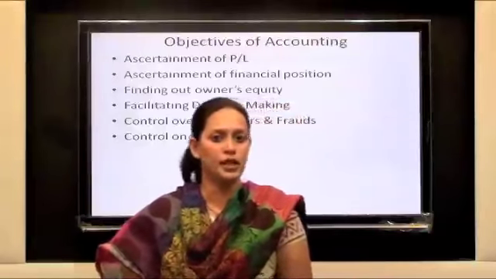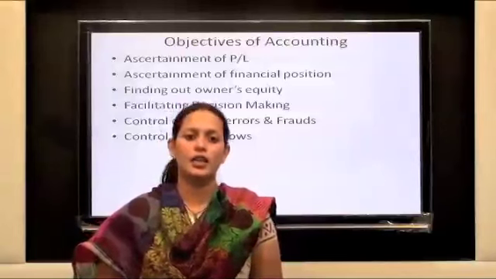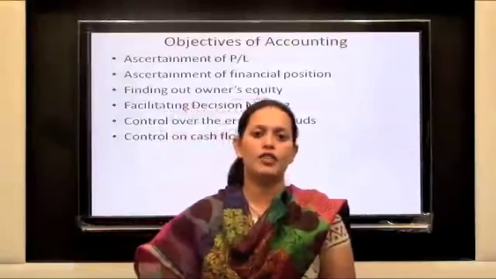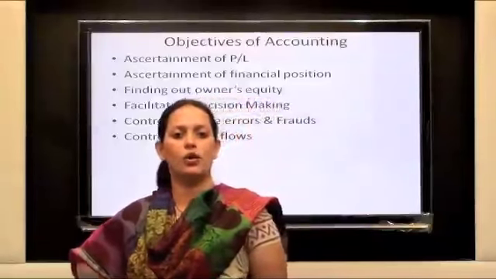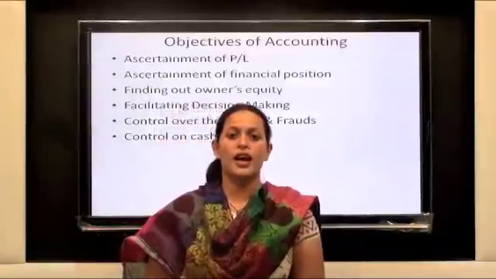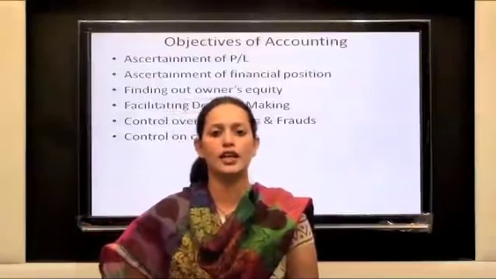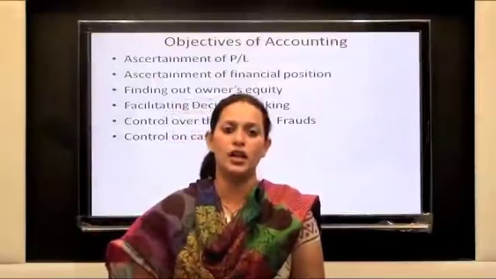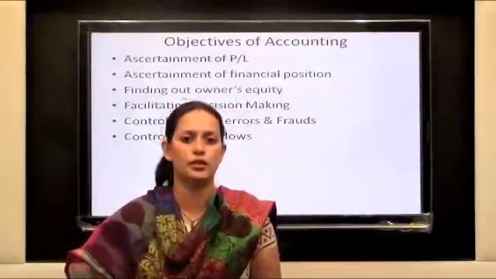Second is the personal account: debit the receiver and credit the giver. And third is the nominal account, where you will be debiting all your expenses and losses and crediting all your incomes and gains. Now all these accounts are very important, and this is how we will be summarizing and analyzing what transactions are there in our organization and how all these transactions are affecting our business position.